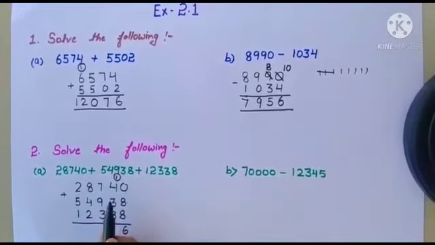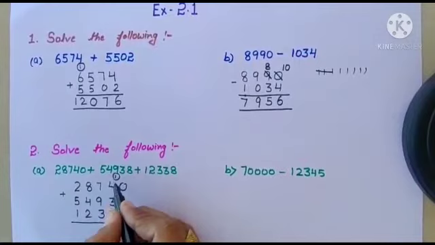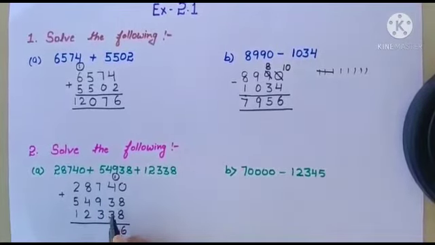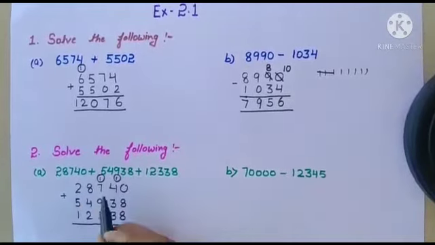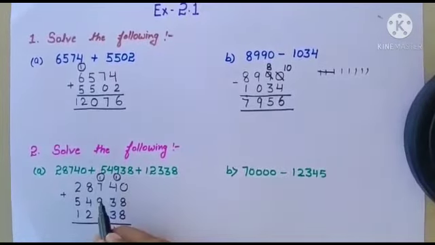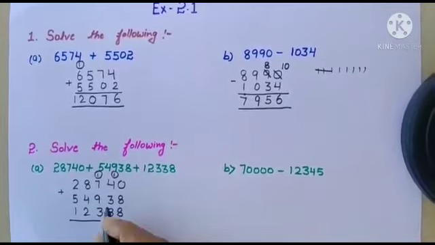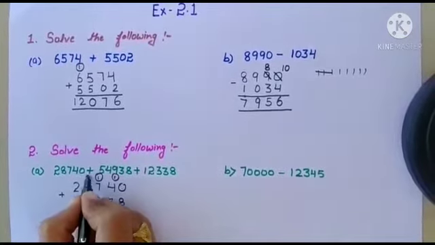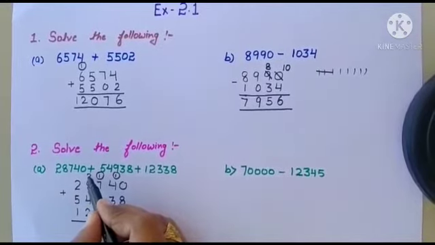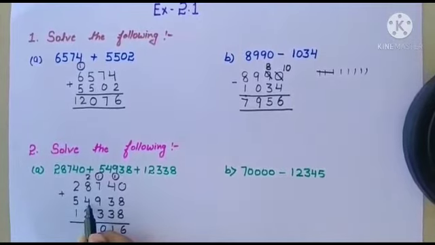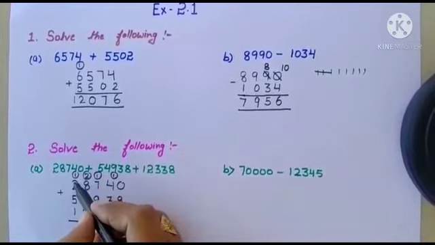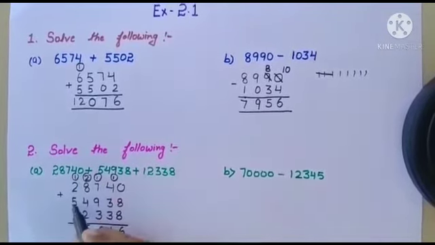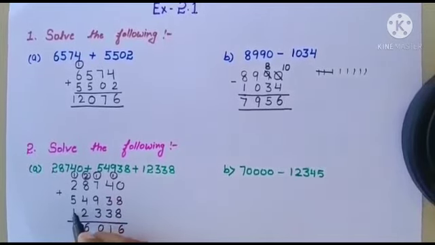We will add 1 to the next number. 4 plus 5 plus 1, 5. 5 plus 3, 8. 8 plus 3, 11. 1 here, and 1 we will carry to the next one. 7 plus 1, 8. 8 plus 9, 17. 17 plus 3, 20. 0, 2. 8 plus 2, 10. 10 plus 4, 14. 14 plus 2, 16. 6, and next we will carry. 2 plus 1, 3. 3 plus 5, 8. 8 plus 1, 9.